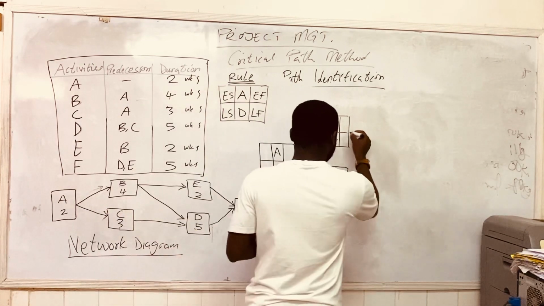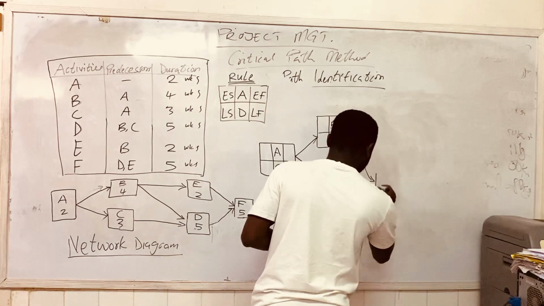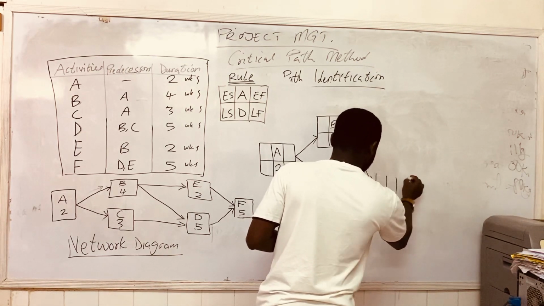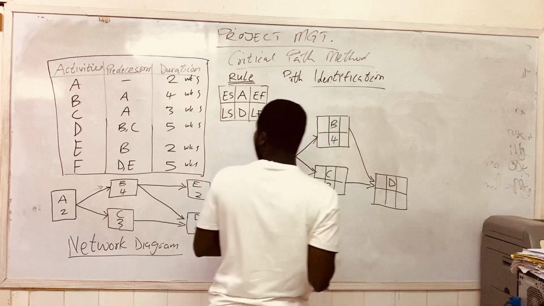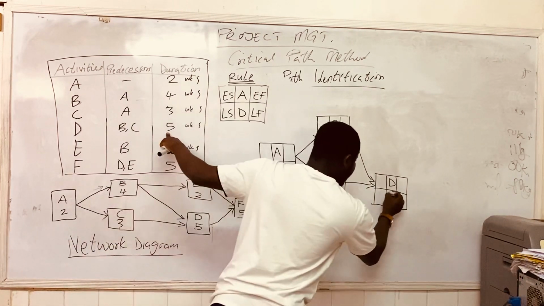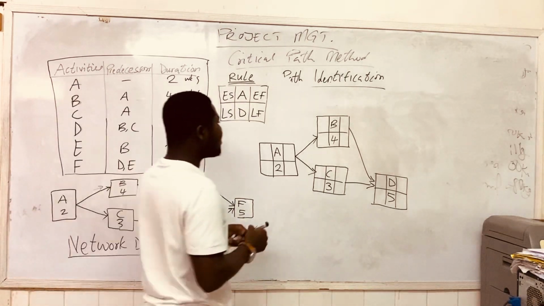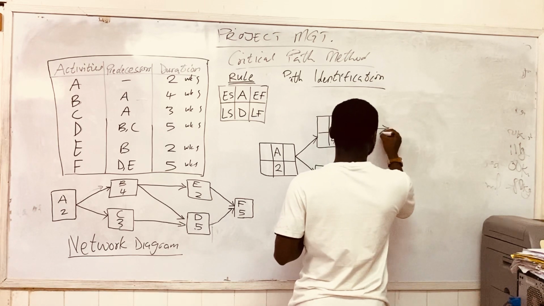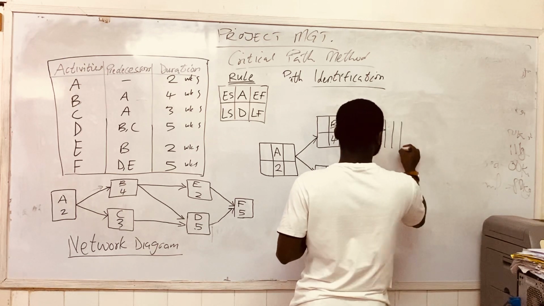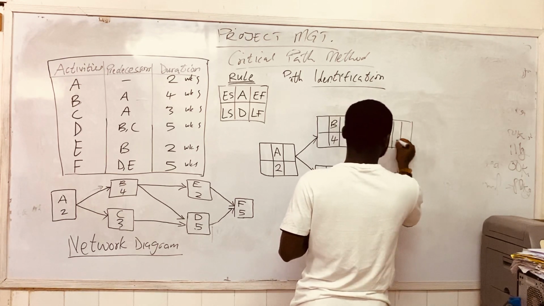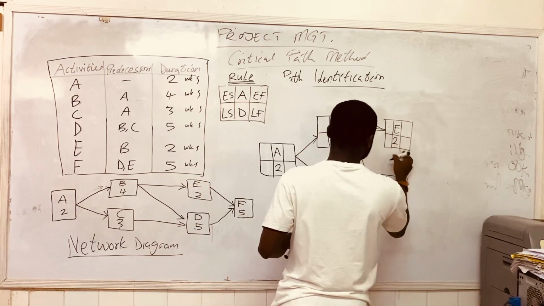Then we come to activity D, and activity D is going to take us 5 weeks. Then we have activity E, and activity E will take us 2 weeks.